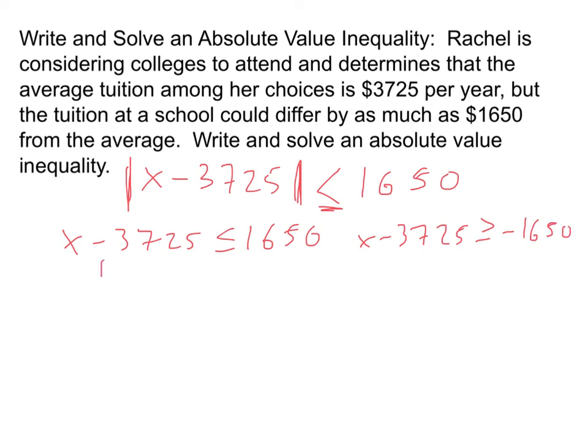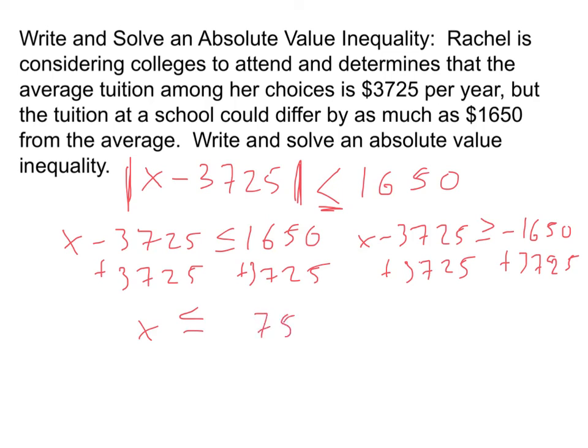So if we add 37.25 to both sides, we would get X is less than or equal to, let's see, I'd get 75, there'd be a 3, 4, 5. So X is less than or equal to 53.75.